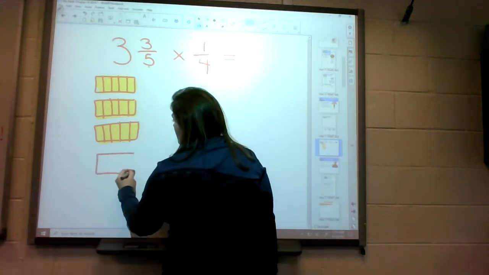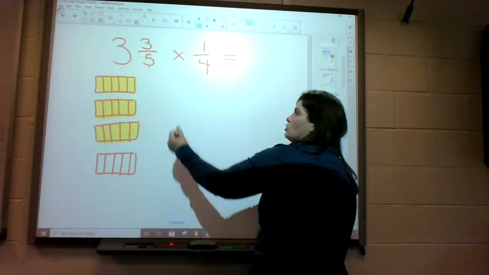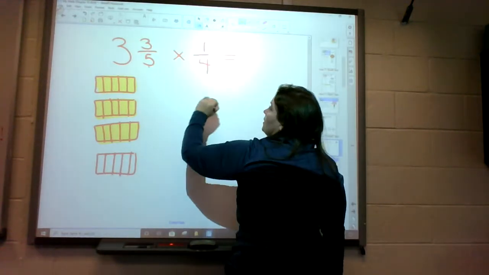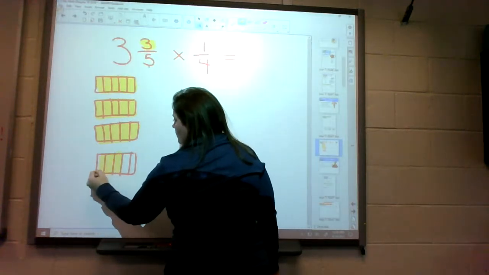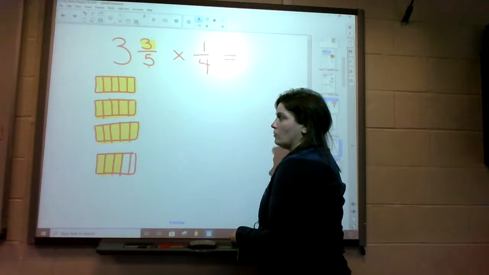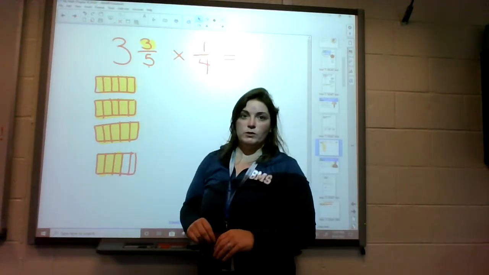So I'm going to make another model, cut into 5 equal pieces, and I need to shade in 3 of those fifths. 1, 2, 3. So now I have a model showing 3 wholes and 3/5.